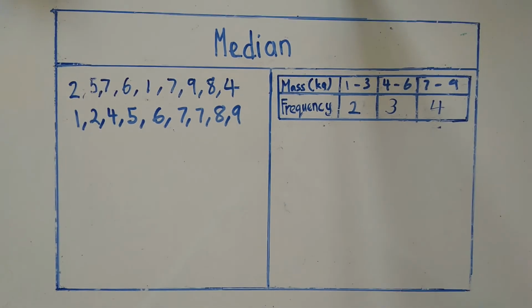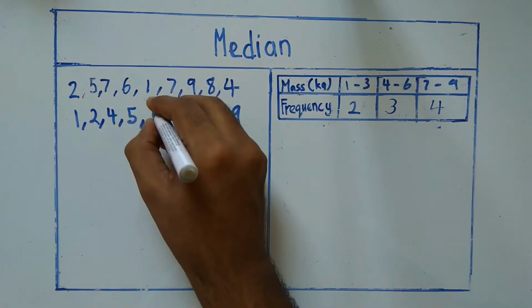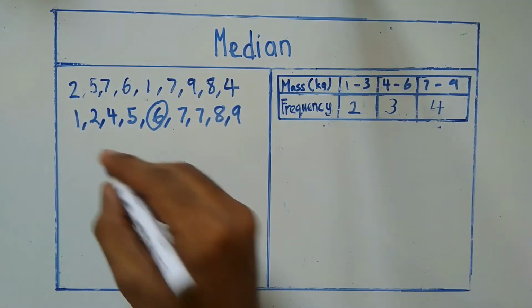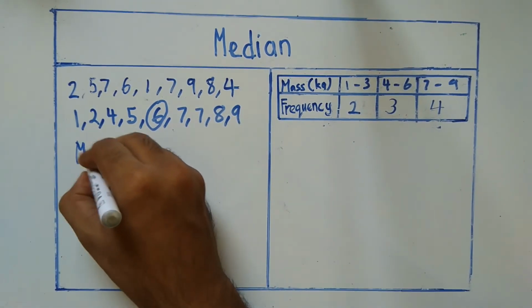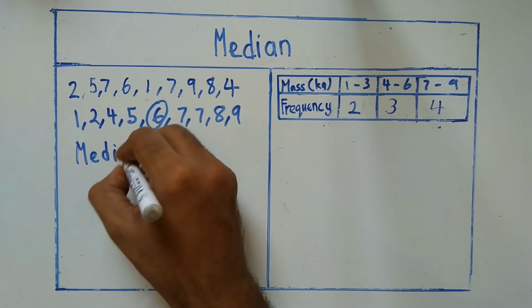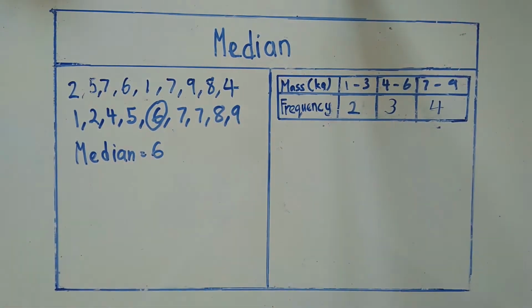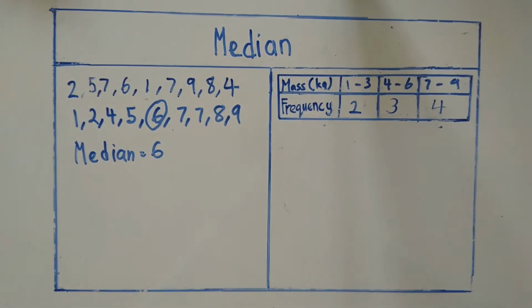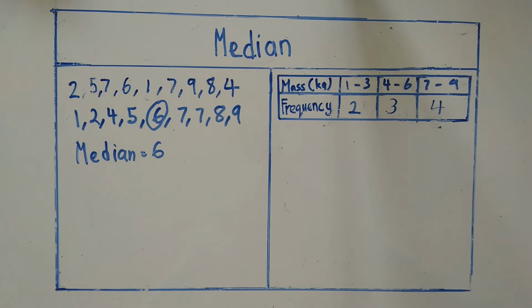Select the middle value as the median. The median is 6. If you have an even number of terms, select the two middle terms and average them.